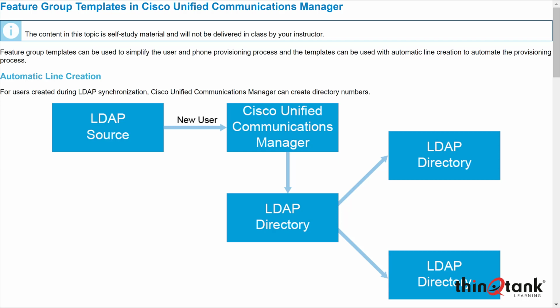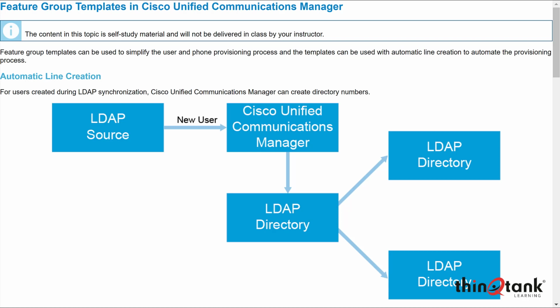Auto-generated directory numbers are based on information that's found in the directory and defined based on a mask that's applied to the phone number found in that particular directory, or it could be the numbers that we're obtaining from the directory number pools defined within our LDAP synchronization agreement.